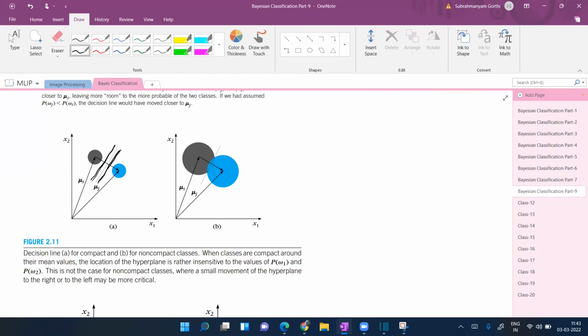You would only approximate that. However, depending on these prior probabilities, this line is moving to one side or the other. But it's all right. Even if it has moved a little bit, you will still get the same results when you have compact classes. In other words, the variance of these classes is small.